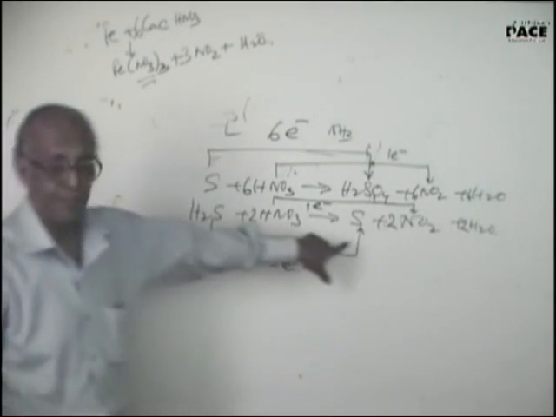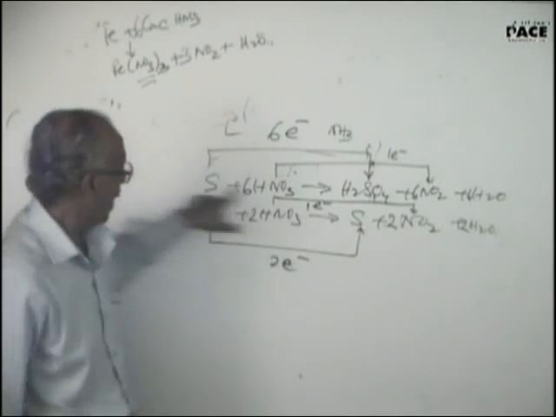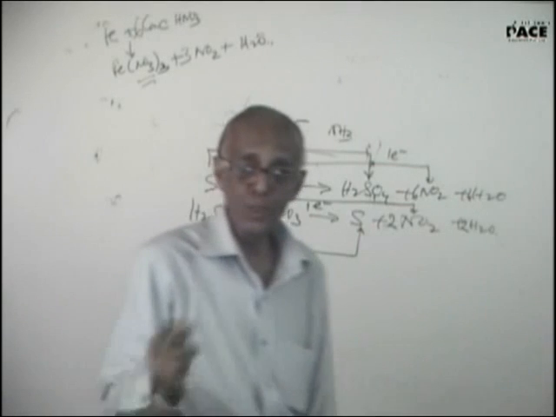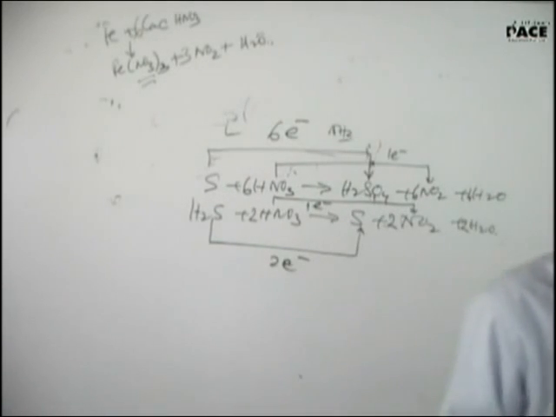H2S goes to sulfur, but sulfur goes to sulfuric acid. Why does H2S not go to sulfuric acid? Give me the answer.